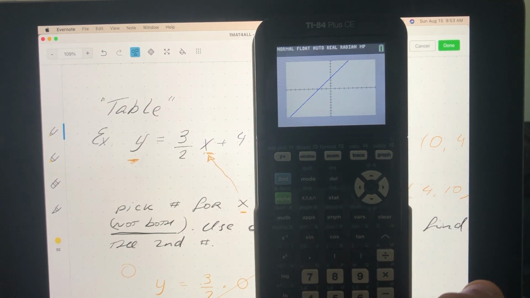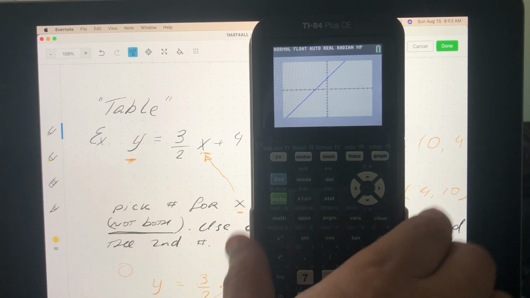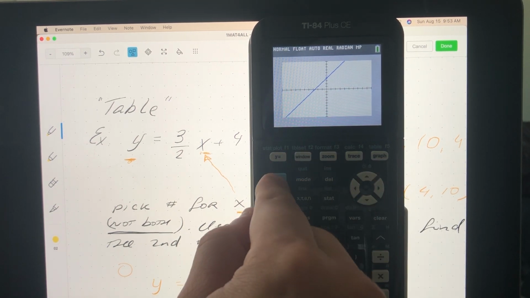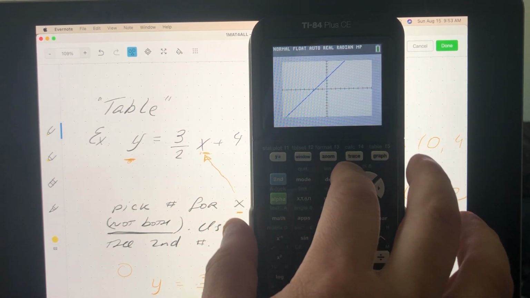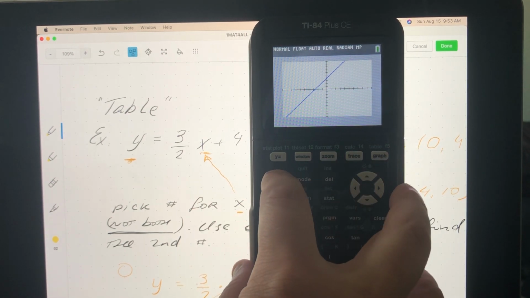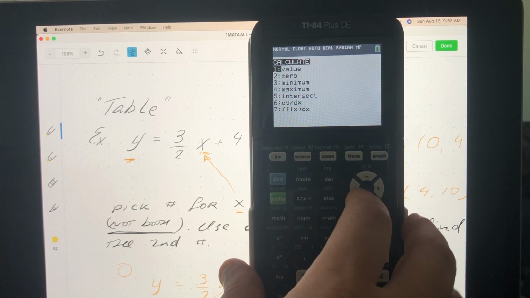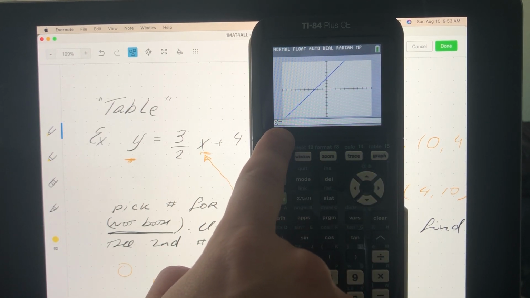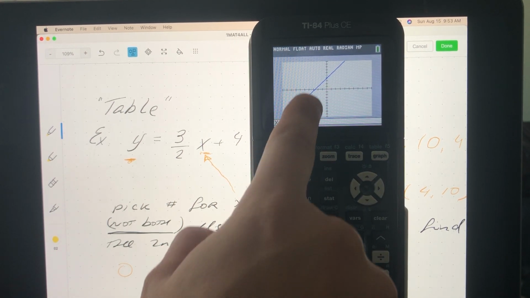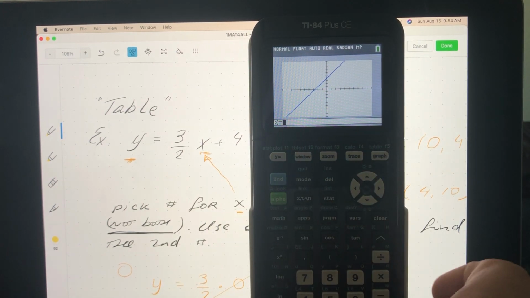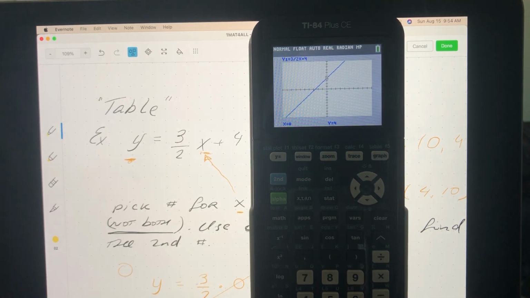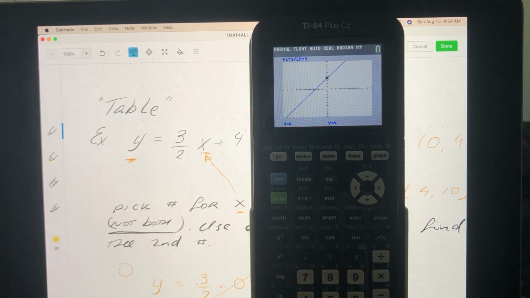Now we can actually check our points using the value feature. The value gives the y coordinate. So if I go to second, calculate, and choose value, if I enter x, it will compute what y goes with it. If x is 0, that's our point, 0, 4. That's the first one we found in the table.